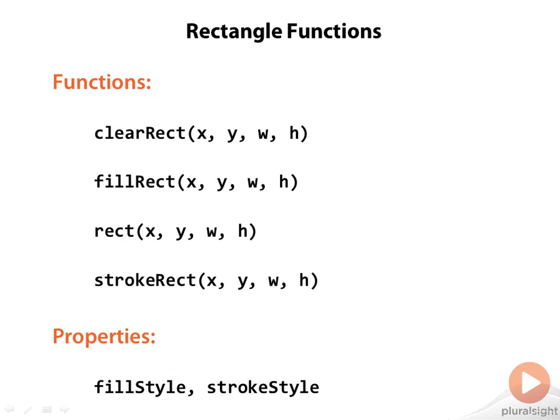So I like to think of it as we dip the 2D context that we talked about in the first module into a specific color, and we do that using fill style or stroke style. Then we go ahead and perform the action, such as fill rect or stroke rect, and that's like picking up your paintbrush, moving it up to the canvas, and now actually filling it in, or just drawing the outer border of the particular rectangle in this case.